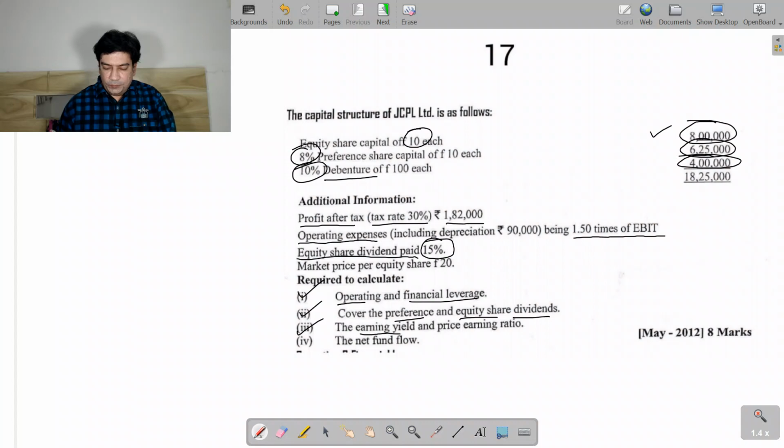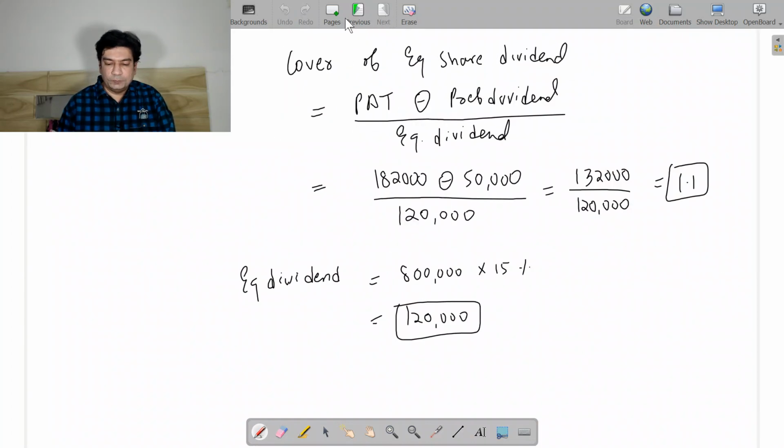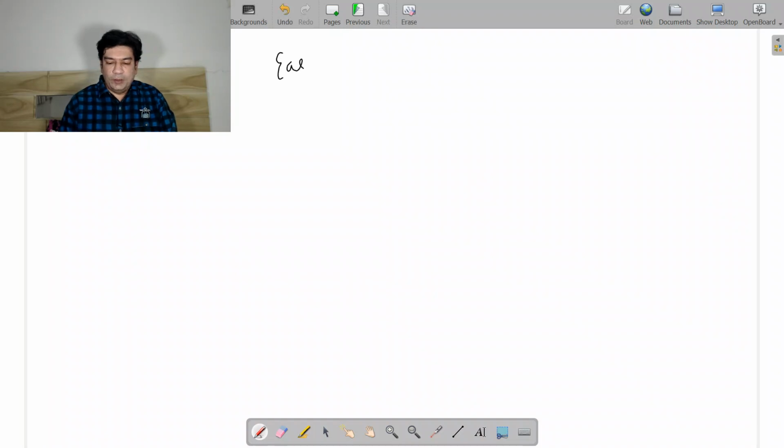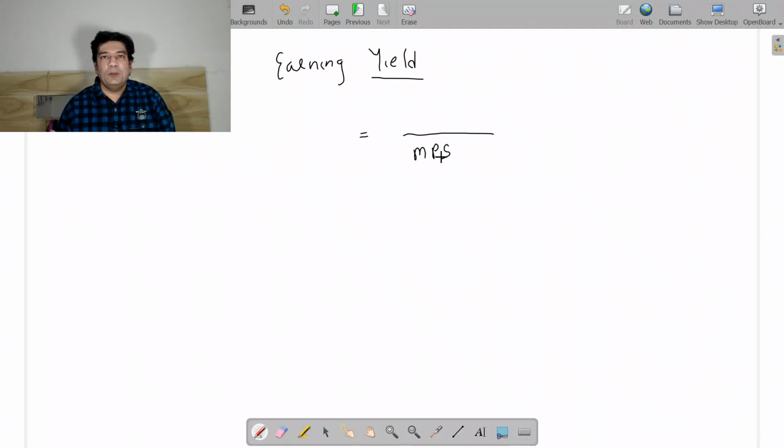Now we need to find the earning yield and the price earning ratio. Remember that whenever they talk about yield, in the denominator there will be the market price per share. Since it is called earning yield, on the top we write earning per share, and we express it in percentage, so into 100.